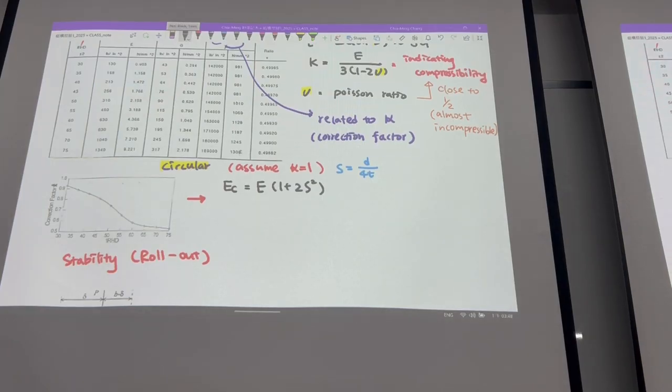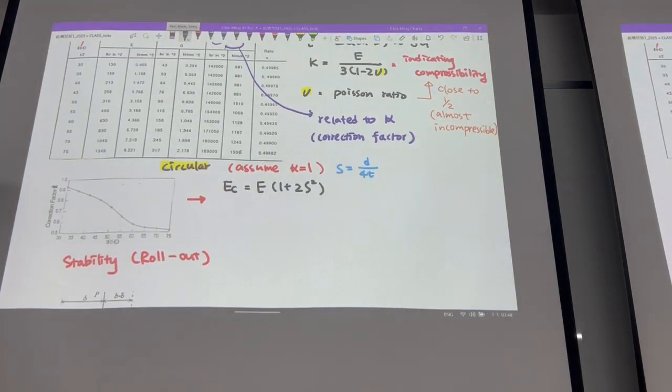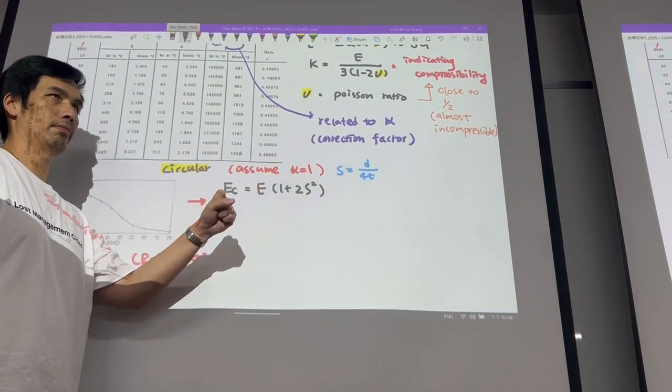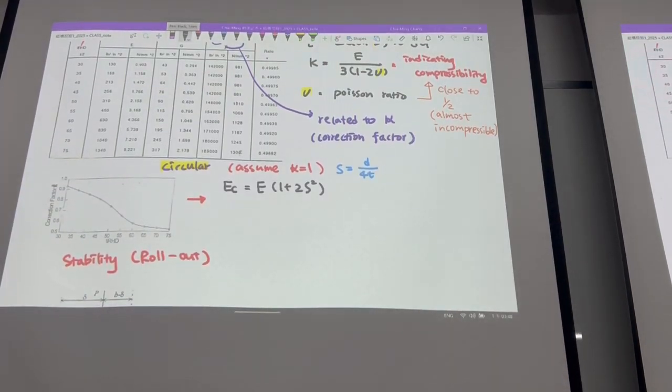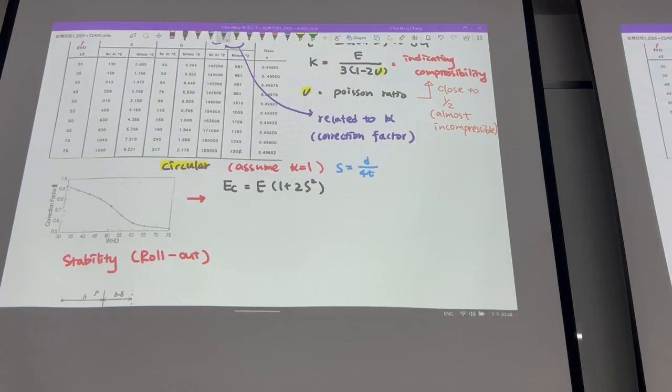Okay. If you want to improve, because this equation we don't consider any metal shim, if you want to include the metal shim together, then the modification you can make will be 1 over EC is equal to 1 over this one.